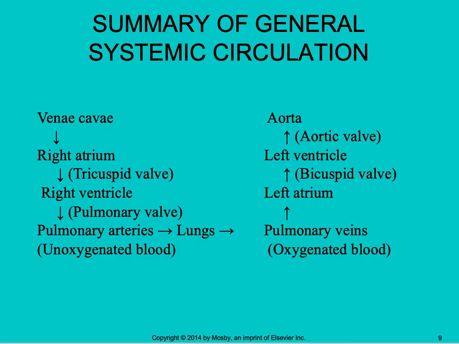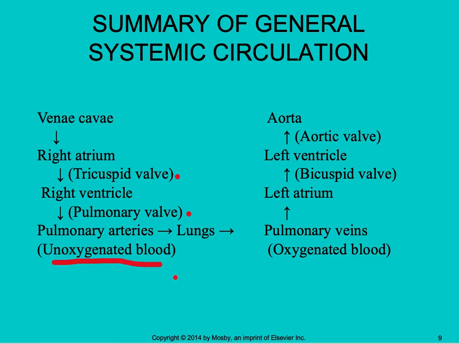So, summary of general systemic circulation. So, the vena cava to the right atrium, through the tricuspid valve to the right ventricle, through the pulmonary valve to the pulmonary arteries to the lungs, which is the unoxygenated blood.